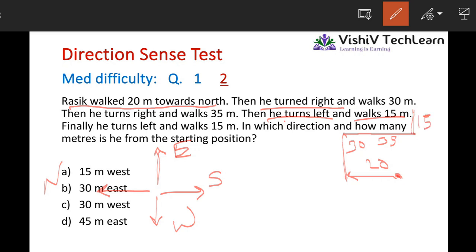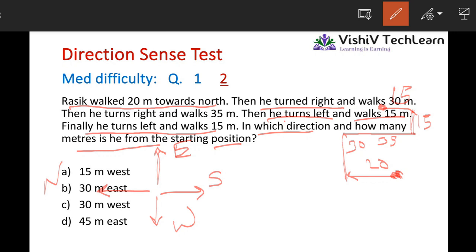Finally he turns again left and walks for 15. So from here left will be this side, and he goes for 15 meters again. In which direction and how many meters is he from the starting position? So if we try to analyze this now, this is the starting point and the ending point.